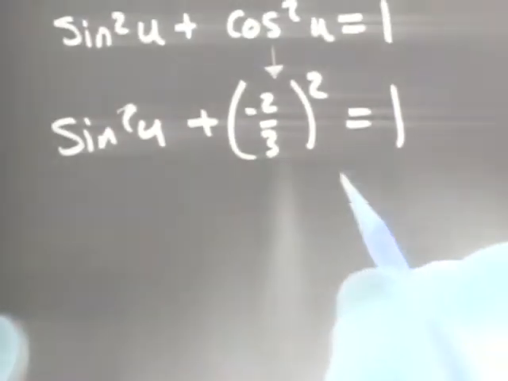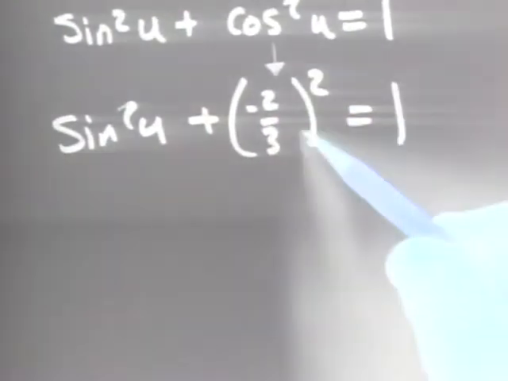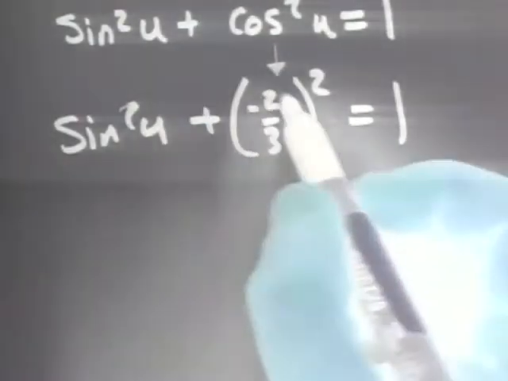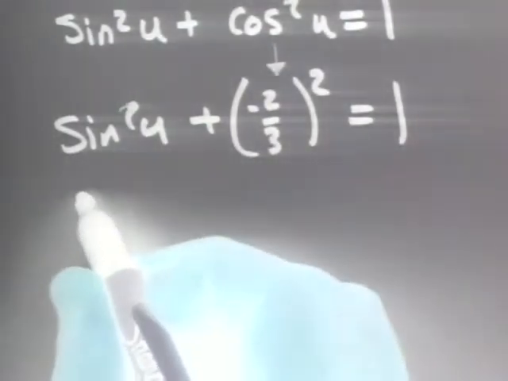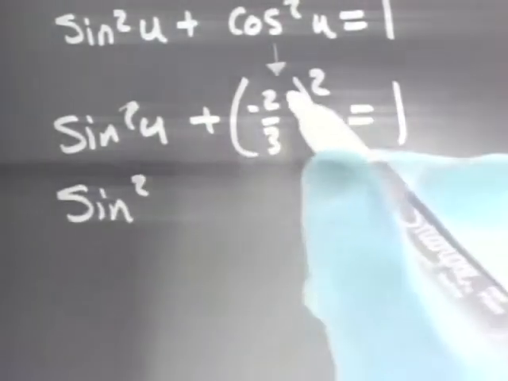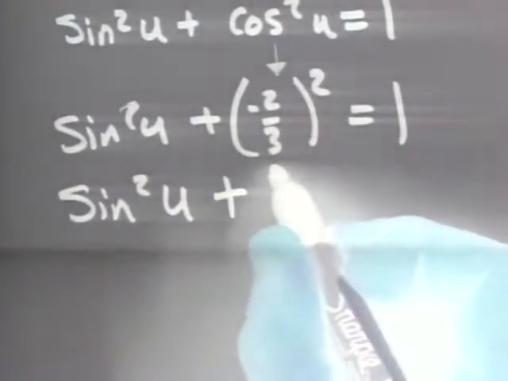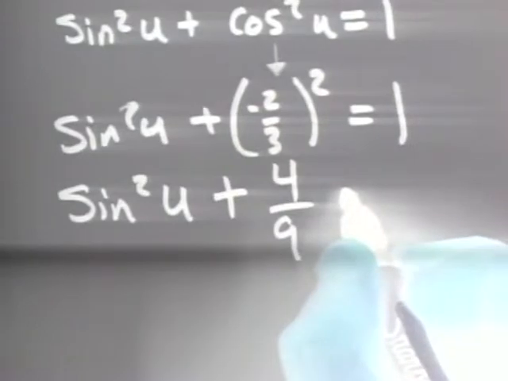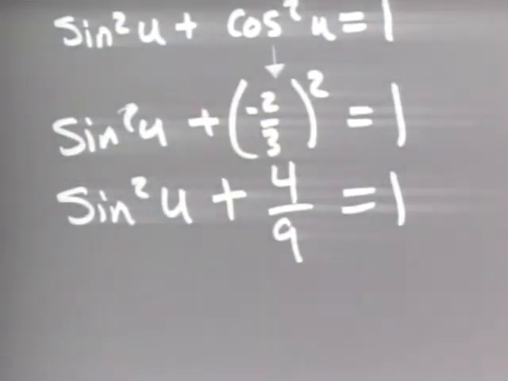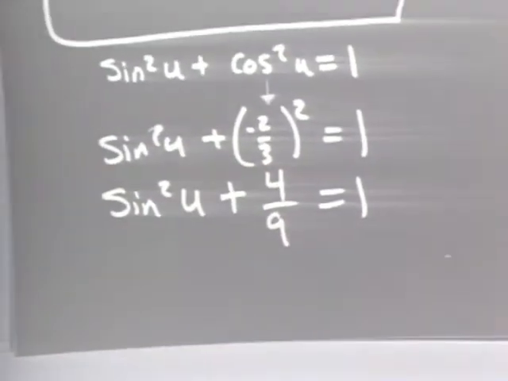It makes, as you can see, 4/9. Where are they getting that? Well, when you square a fraction, you basically square the top and the bottom. Negative 2 squared makes 4, and then 3 squared makes 9, and it is positive. Anytime you square something, it's always positive, because 2 squared is 4, and so is negative 2 squared. So we're going to go plus 4/9 equals 1.